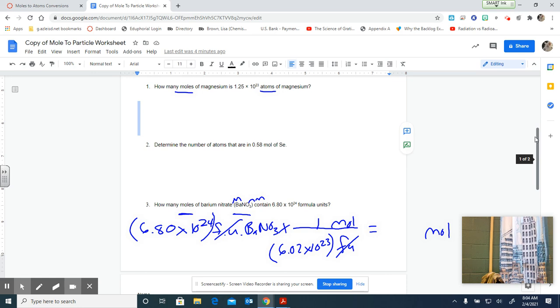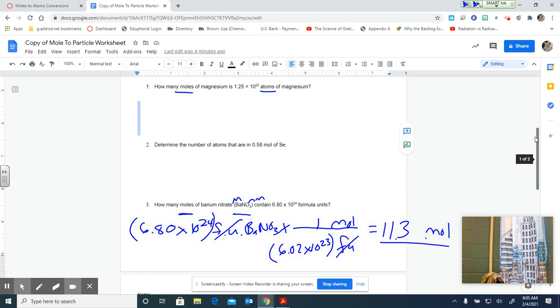So I hit divide, open a new set of parentheses, 6.02 times 10 raised to the 23rd, close my parentheses, then hit enter. And my answer is 11.30, but keeping my number of sig figs, it would actually just be 11.3. So I have 11.3 moles.